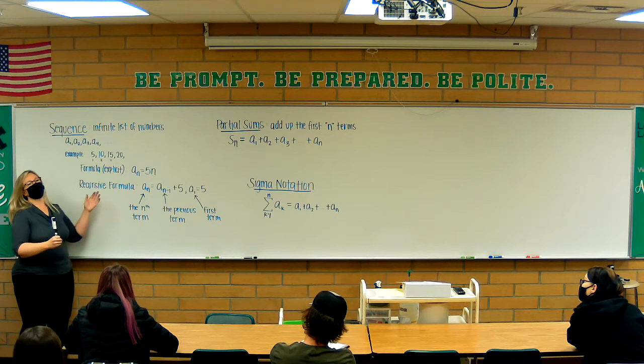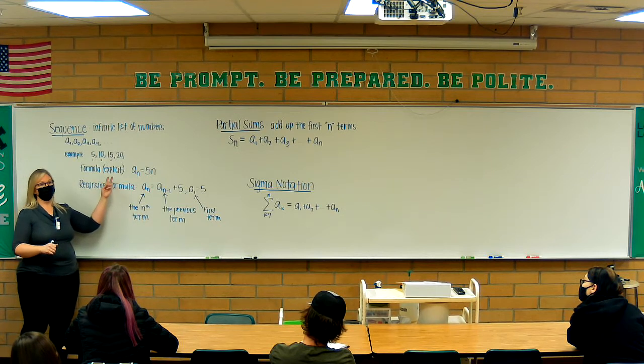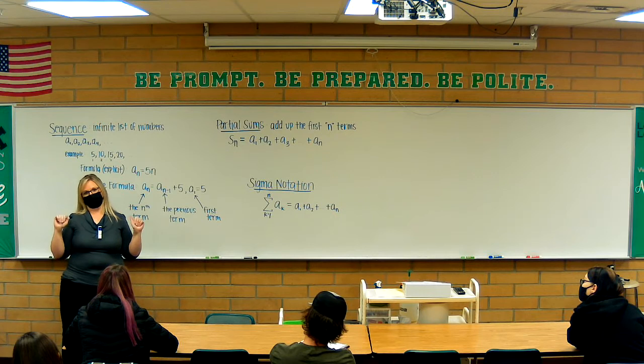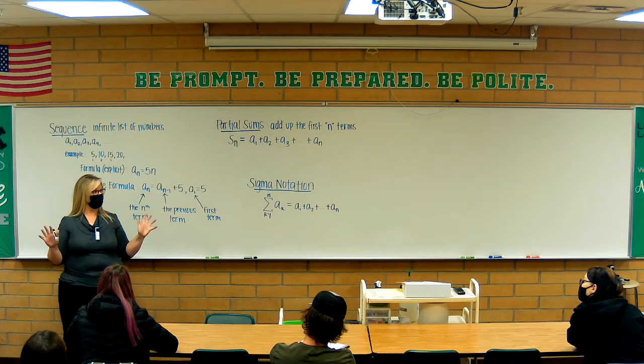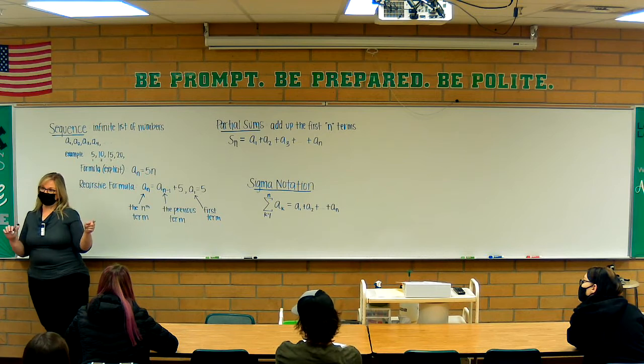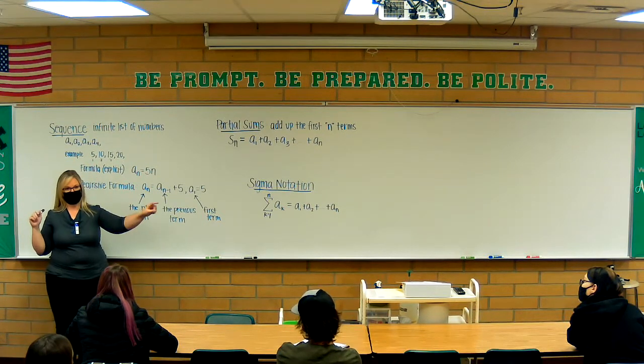Okay, moving on. Recursive formula. With the explicit formula, I could immediately find the millionth term if I really wanted to. It's 5 million, because I can just take the million and multiply by 5. Done. Yeah? In a recursive formula, if I wanted to find the millionth term, I would have to find all of the terms leading up to the millionth term.